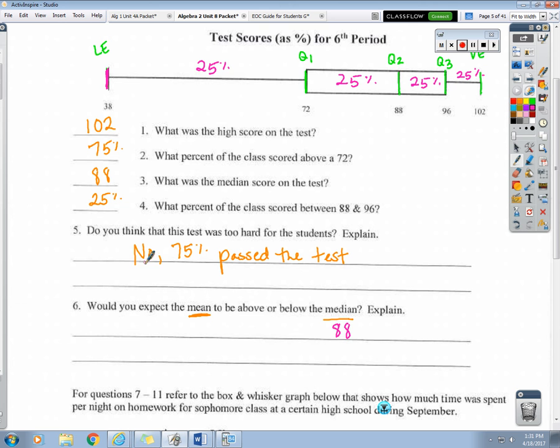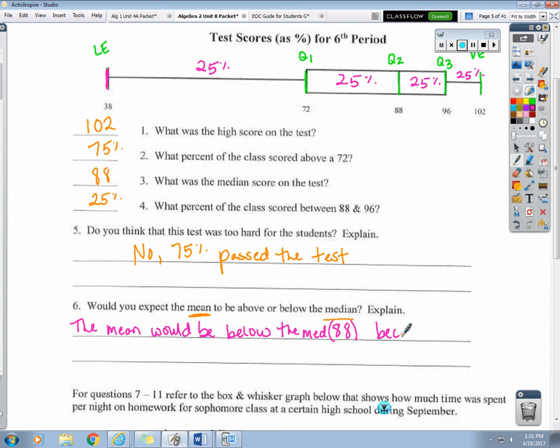So you would write it like this. The mean would be below the median. And if you're running out of room right there, you can just put median at 88.